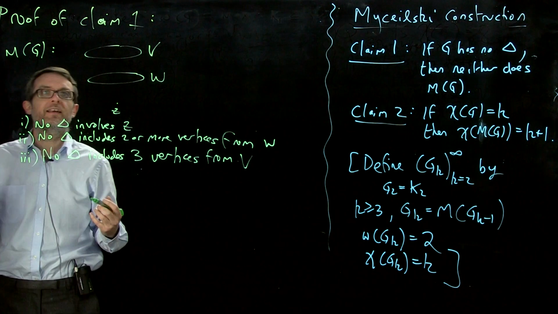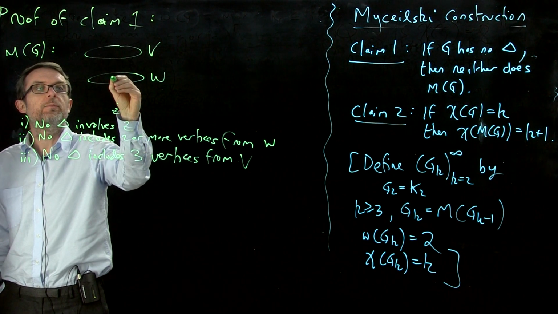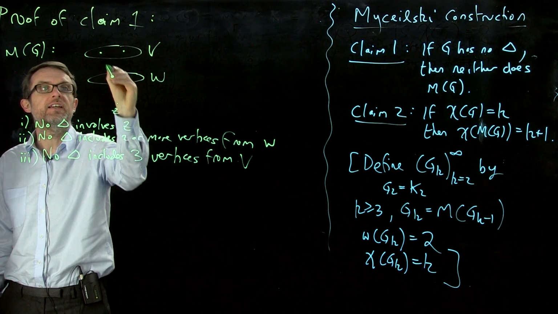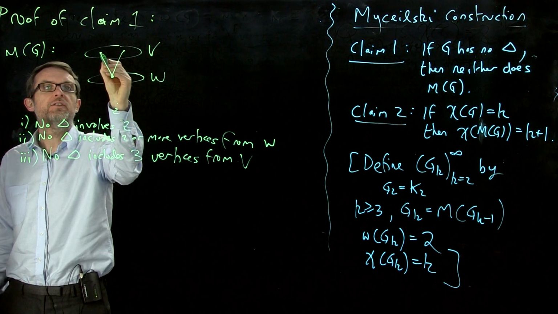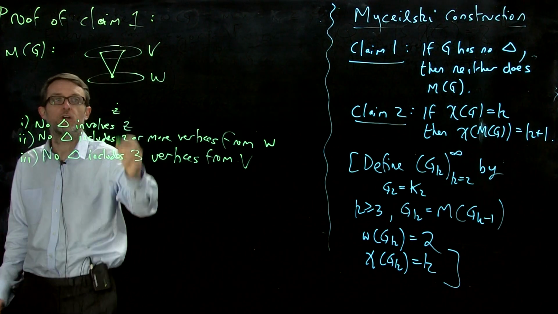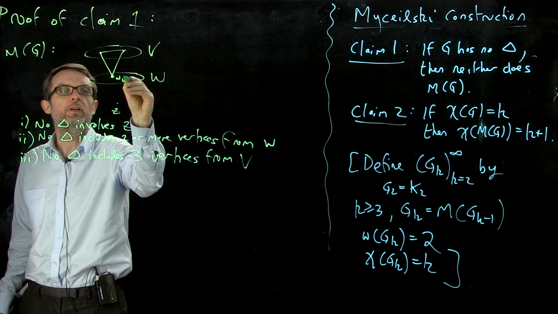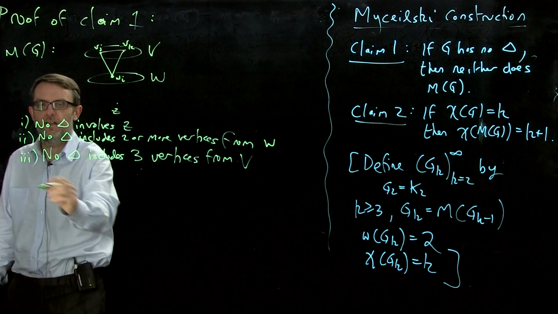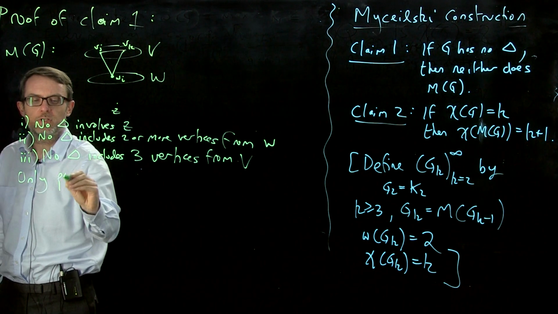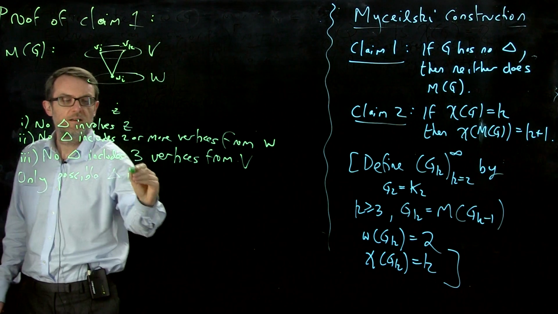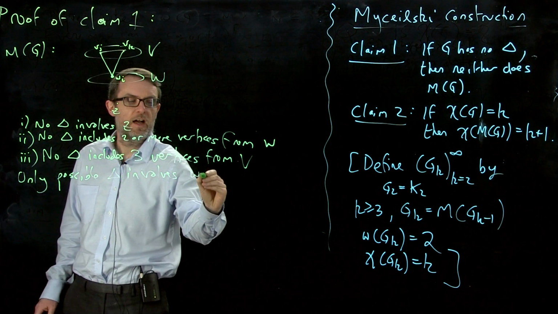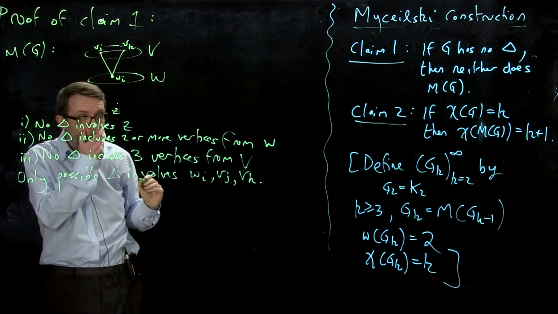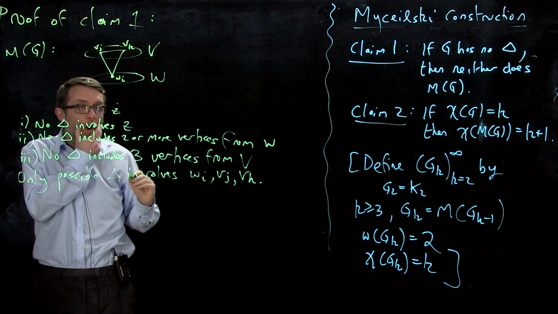So the only possibility for a triangle is with 1 vertex from W and 2 vertices from V. So this is the only case in which we could possibly have a triangle. Let's say this is vertex w_i, this is vertex v_j, and this is vertex v_k. So the only possible triangle involves w_i, v_j, and v_k.